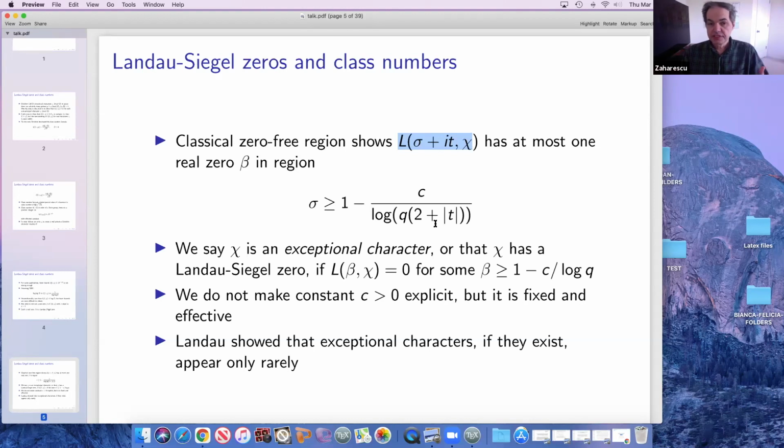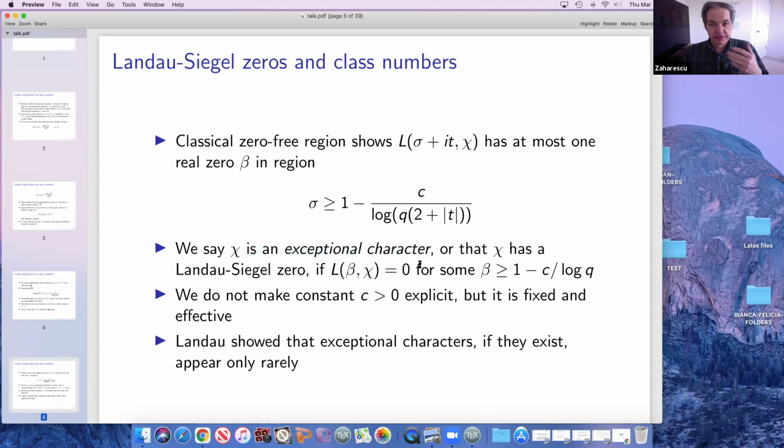So we have this zero-free region with exceptions, and the exceptions are the so-called Landau-Siegel zeros. Then χ is called an exceptional character if it has a zero in the region.